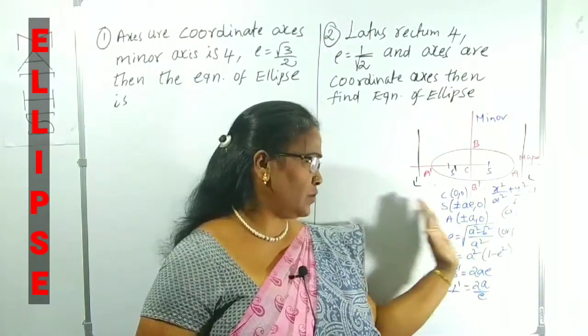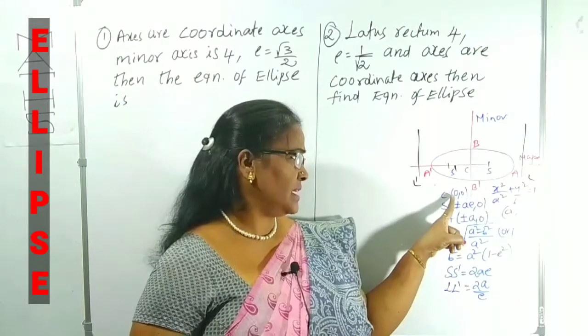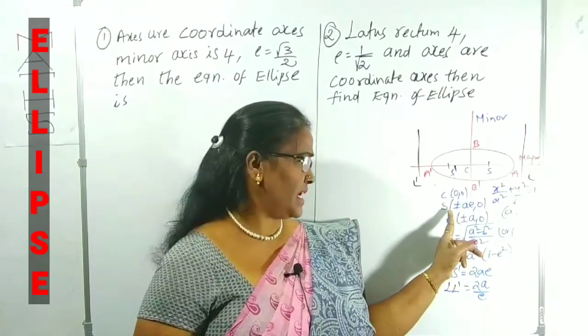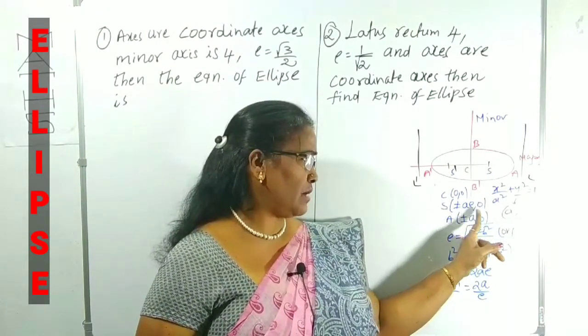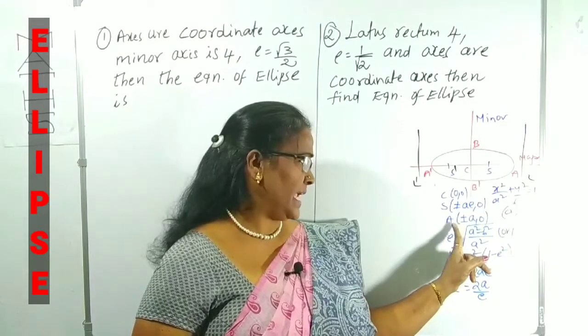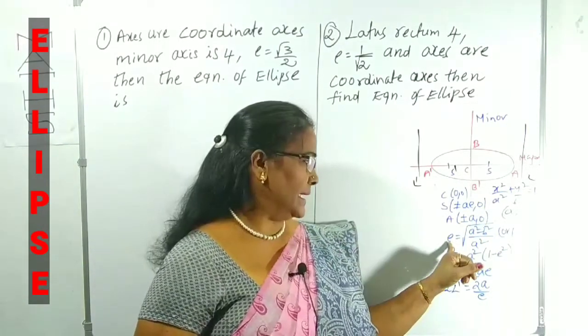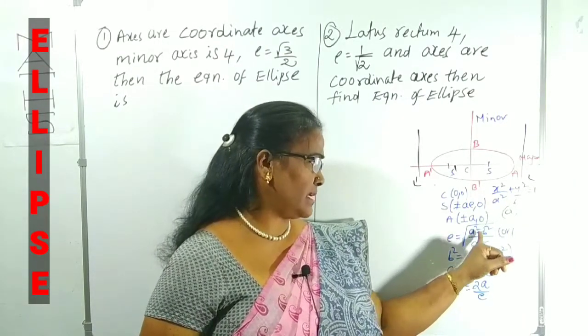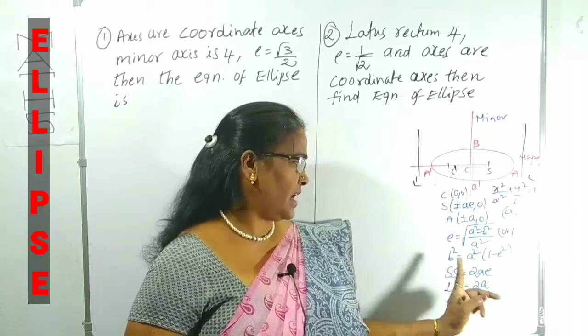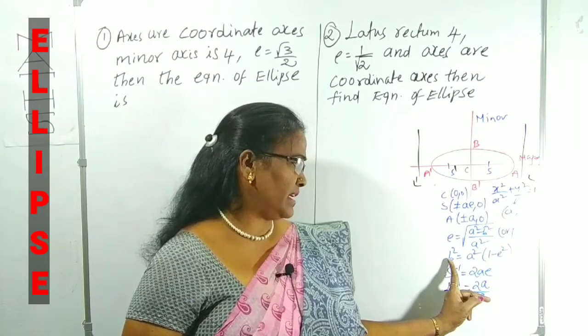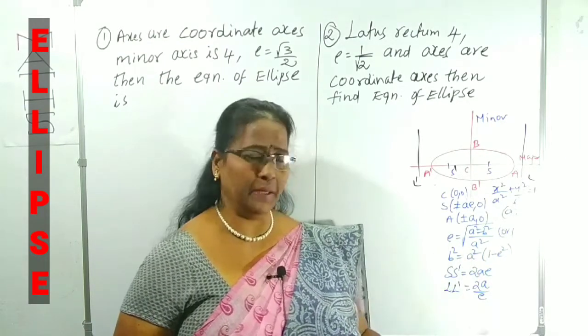In that case, all coordinates will change: the center is fixed at 0, 0 only, and the foci will be 0, comma plus or minus b e, and e will be root over b square minus a square by b square.